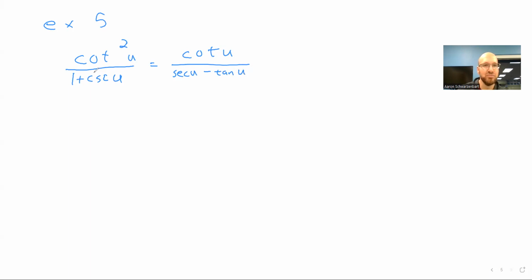And I think what I'm going to do here is go 1 minus cosecant squared. No, cosecant squared minus 1.